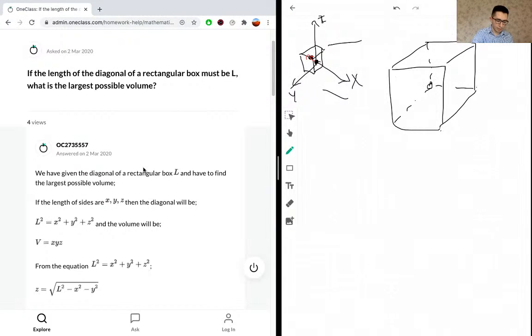We're saying from this point to this point is our L value, and we are trying to find the largest possible volume for that value of L.